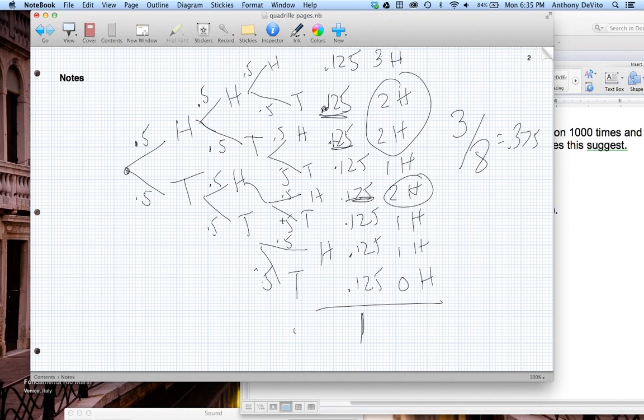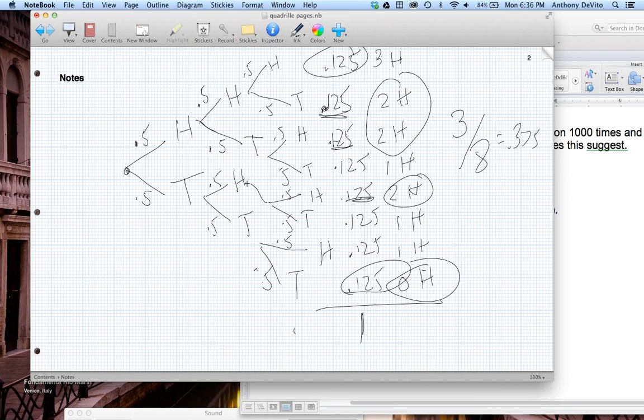We're going to take a look at another one of these things. We'll notice that the probability of 3 tails only occurs one way, when I get 0 heads. So that's only 1 over 8 or 0.125. Probability of getting 3 heads is 0.125. It's the only time it occurs, right? And so on and so forth. What's the probability of getting 2 tails? Well, it's basically the same thing as getting 2 heads.